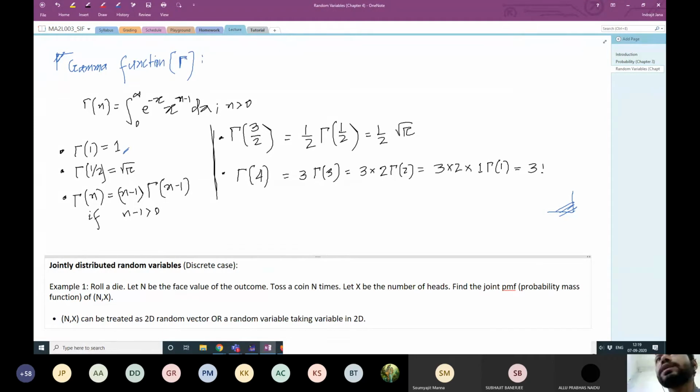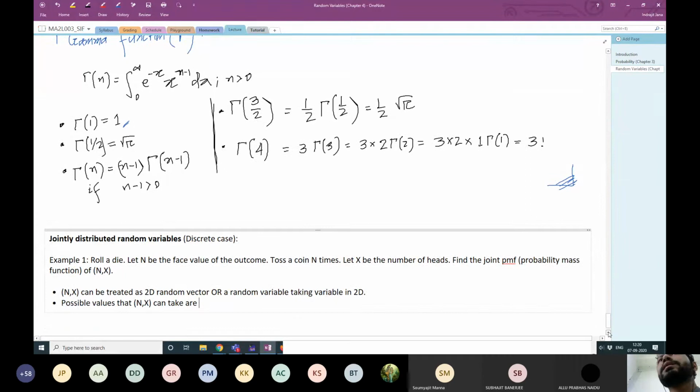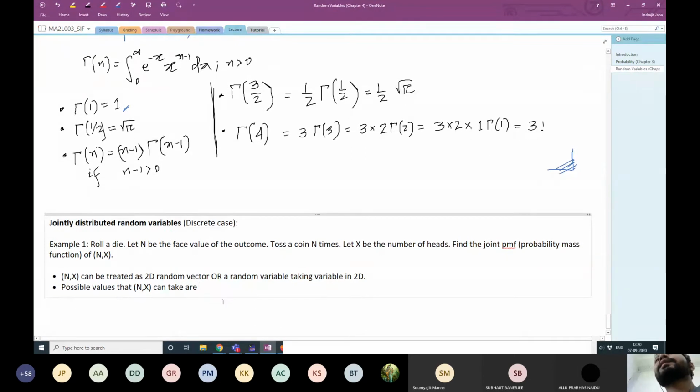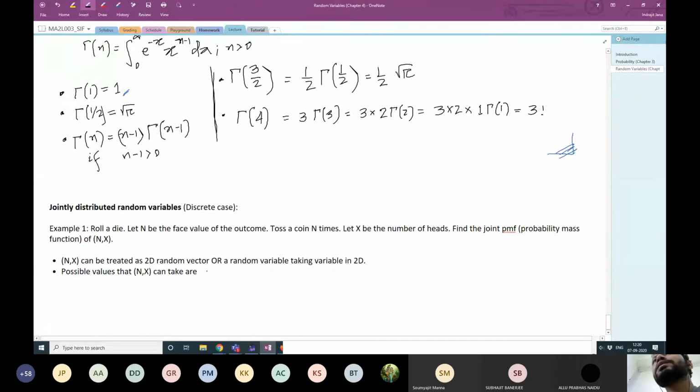Other thing is the possible values that (n, x) can take. So I have to use my pen here. For n, the lowest value is 1. When you roll a dice, the lowest you can get is 1.